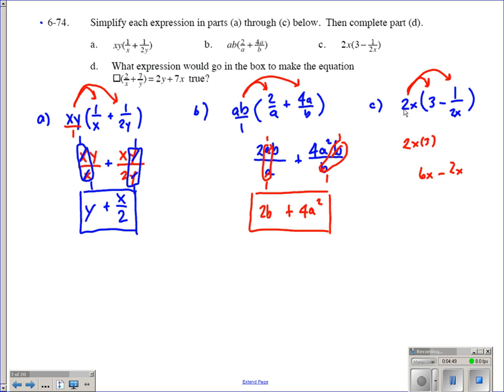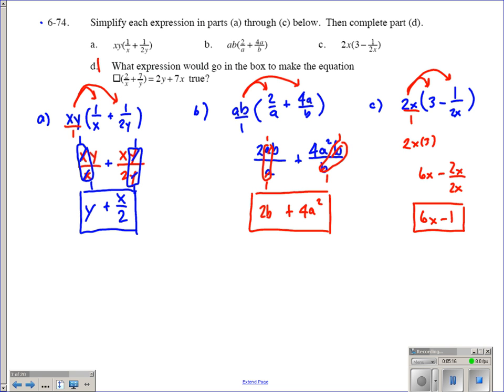And then remember, our 2x is over 1, so there'll be a 1 times 2x in the denominator. So we have 2x over 2x, which anything divided by itself is going to give us 1. So we're going to be left with 6x minus 1. So there is the answer for the third one, or letter C.